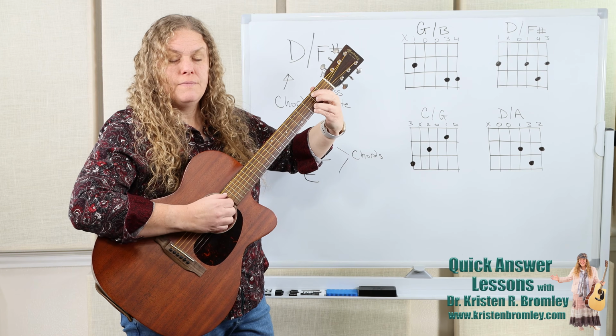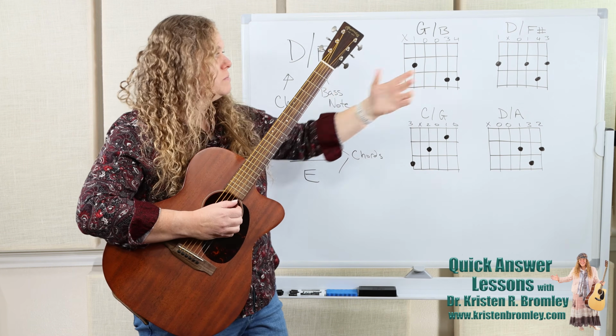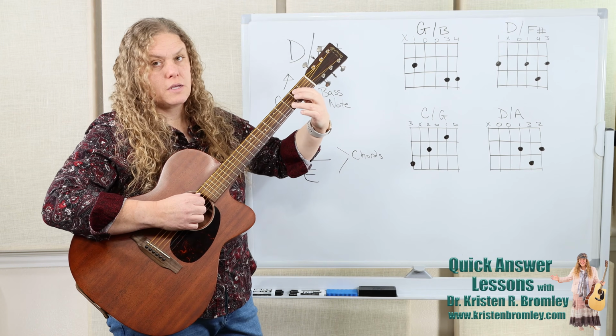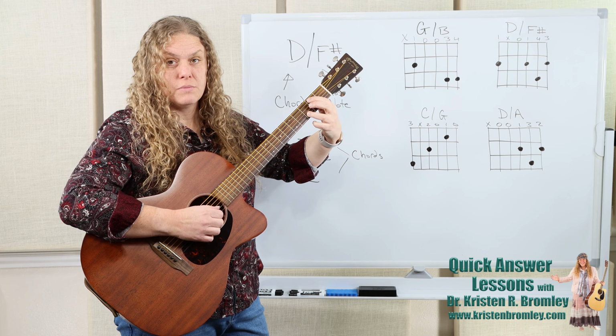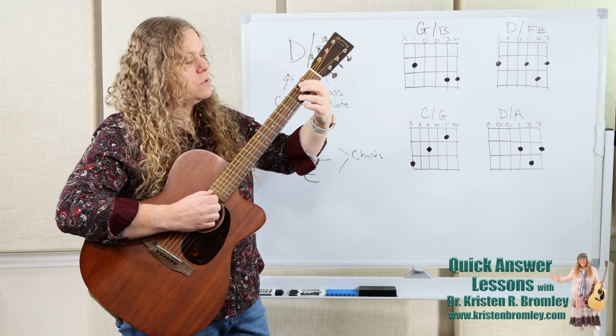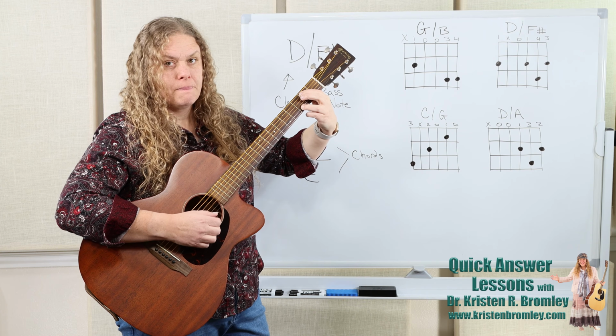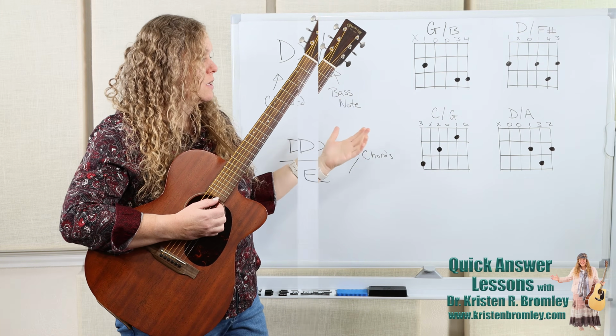Sometimes with this one, I play it with all five of those strings, and sometimes I just mute the top string and play it on the inside three. It depends on the song that's being played. Sometimes this one gets a little muted too, and it just becomes those three. So G over B, that's really common.